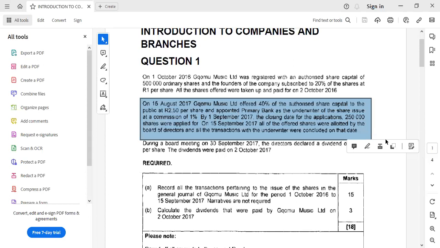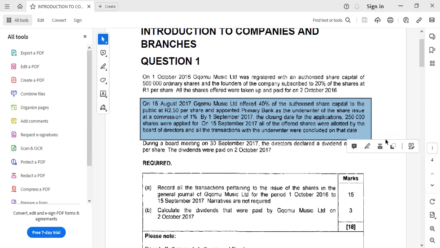I want us to be careful here. Number one, when the shares are being sold, the company can sell directly, which may be difficult. So normally they would appoint an underwriter. It can be a finance company, insurance company that can sell the shares on their behalf. This is to make them more attractive.